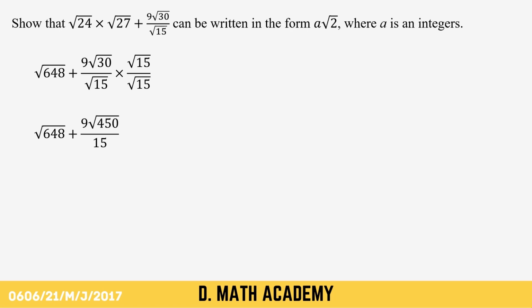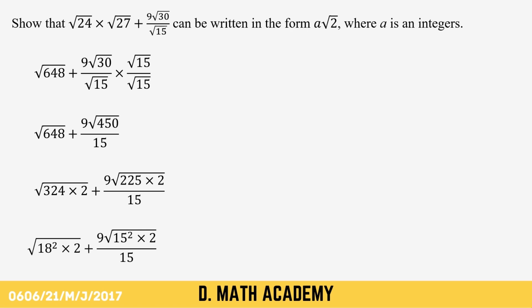So I arranged the 450 into the combination I wanted, which is 225 times 2, and I arranged the 648 into 324 times 2. The reason I leave a 2 on both of them is because the requirement of the question is that they wanted it in square root 2.